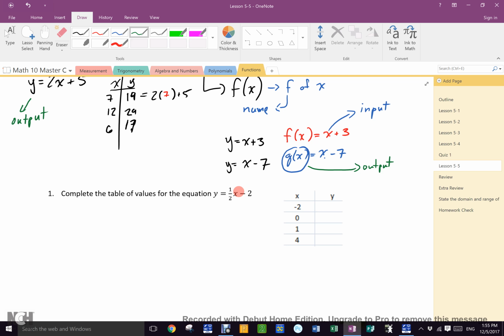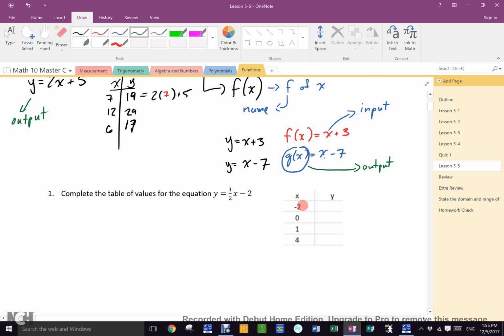Where? In the table, under the x value, yes? So x is negative 2 according to this table, yes? So what do I do with that negative 2? I substitute it in as x, don't I?